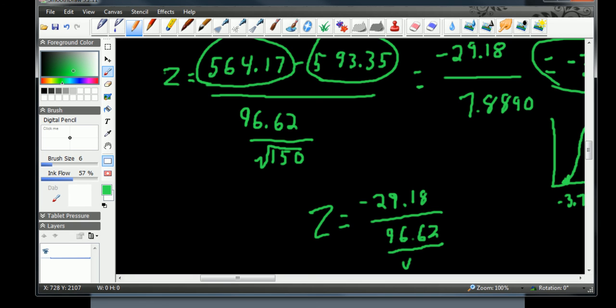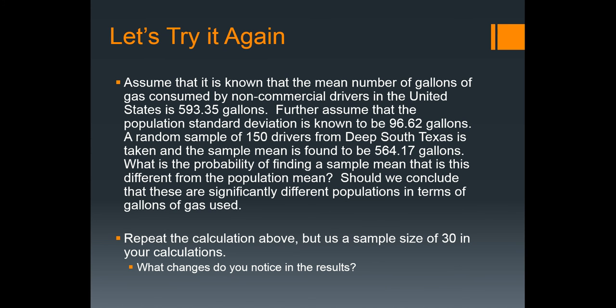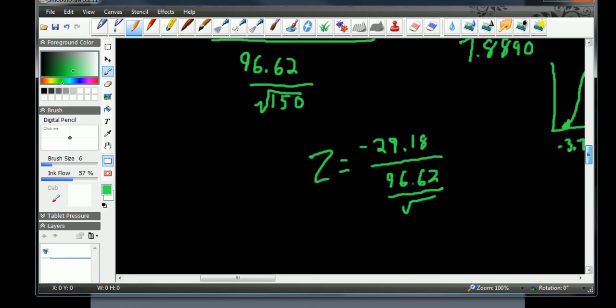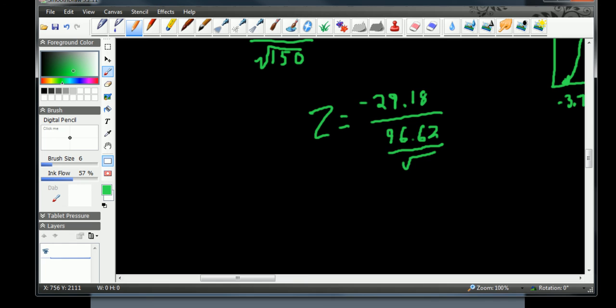over the square root of our new sample size, which was what? 30. So we take 96.62 divided by the square root of 30, and we get 17.6403.